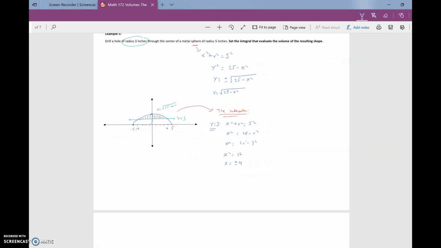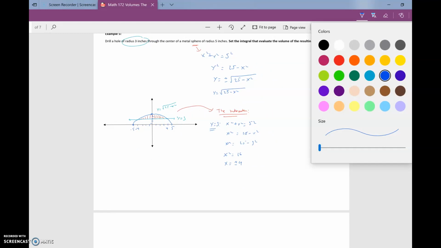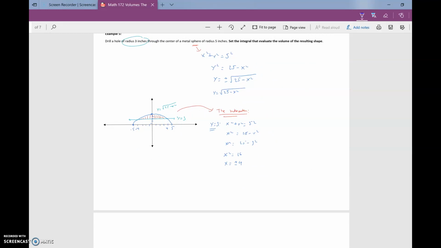The actual volume for this one is going to be set up by the following integral. The volume is equal to the integral from negative 4 to 4, and then your outer function is the square root of 25 minus x squared, squared, minus the lower function, which is 3, dx.